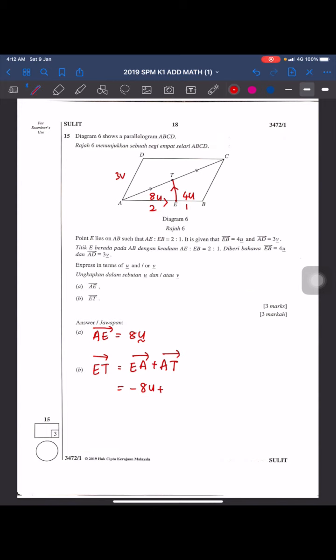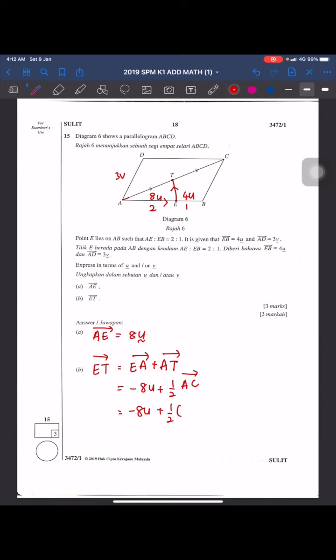Okay, plus, okay, AT. AT adalah, okay, AT ni half midpoint kan? Okay, so basically adalah half AC. Okay, so negative 8U plus half, okay, AC.